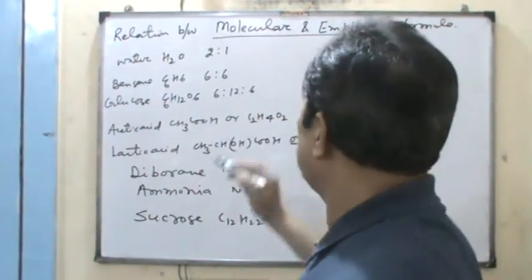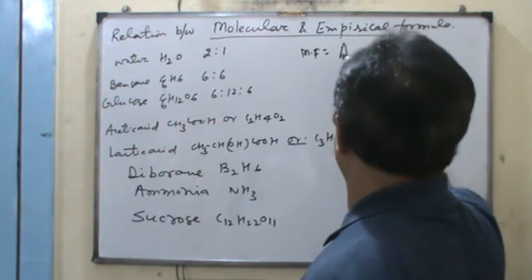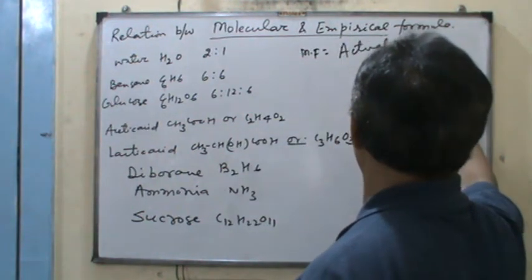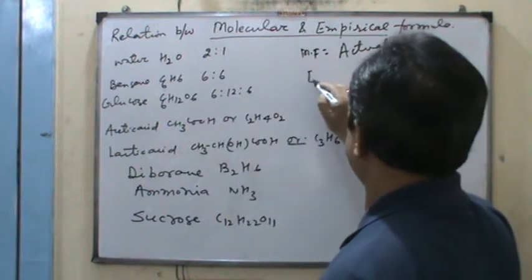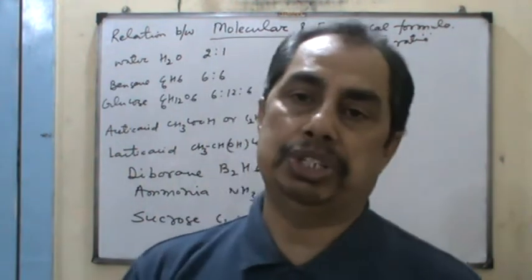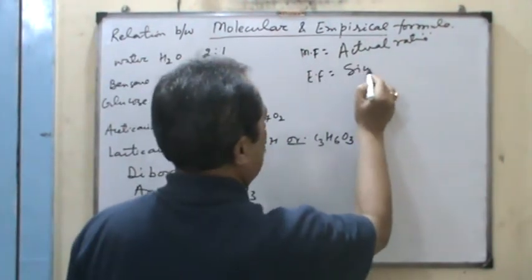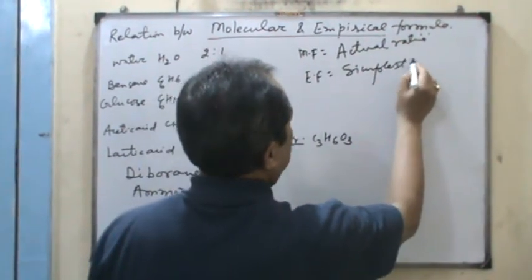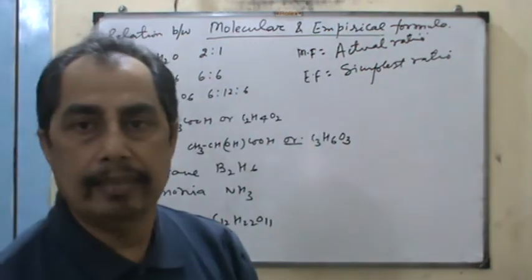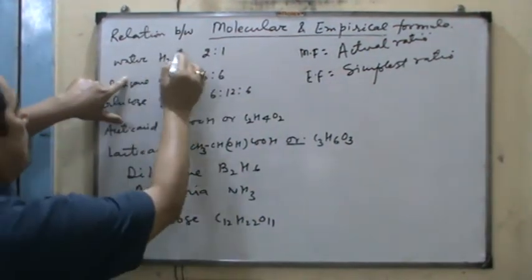The formula which I have written on the board is the molecular formula. So molecular formula gives the actual ratio of the atoms of the various elements. But dear students, what is the empirical formula? Simplest ratio of the atoms of the various elements. So empirical formula provides the simplest ratio of the atoms of the various elements. If we want to say further, water, what is the molecular formula?